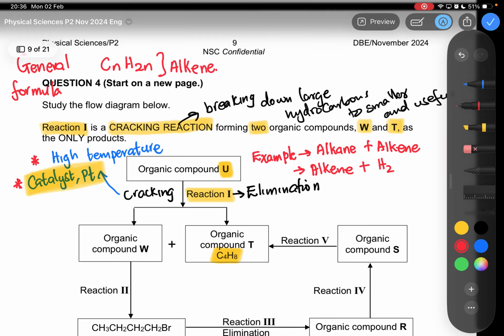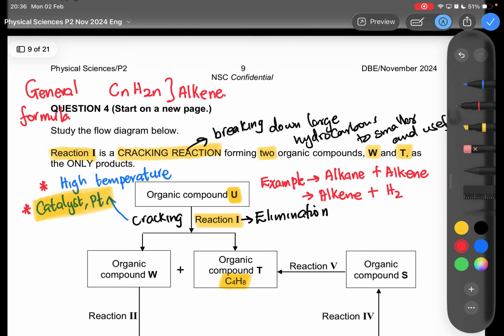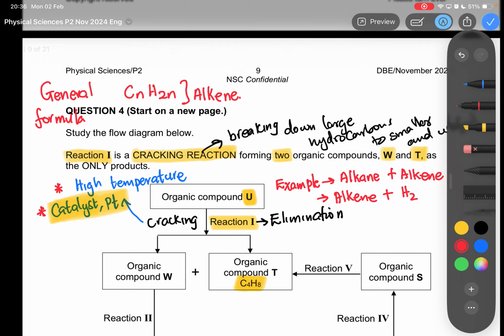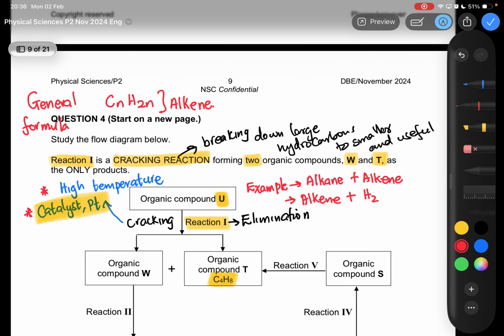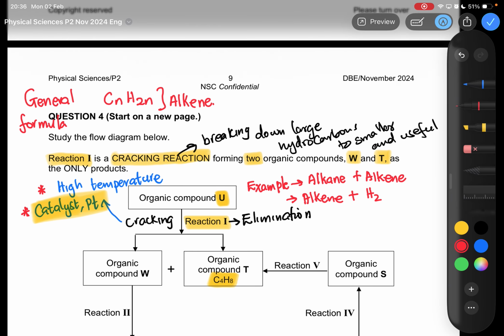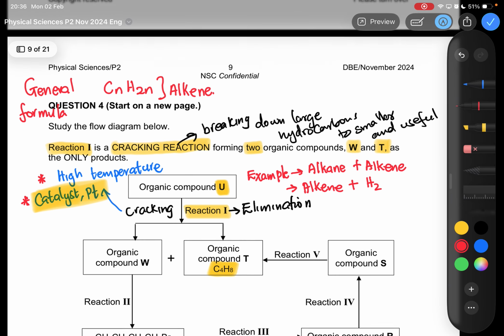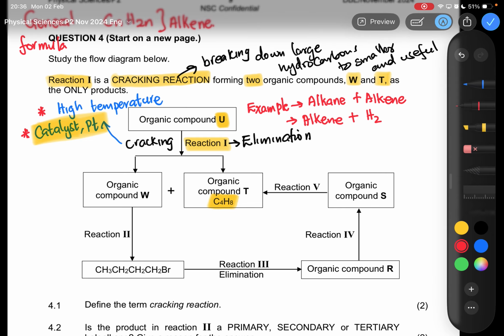So we can see that it is still within the two examples. But the other example, which has hydrogen, will not qualify to be one of the products, because there is continuation that is happening with the other compound, W.